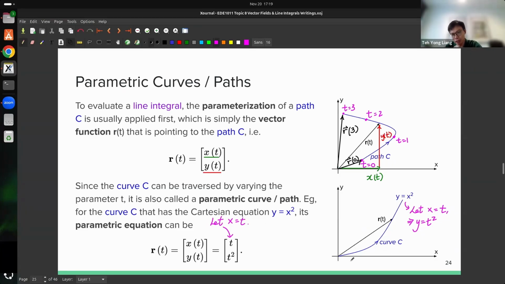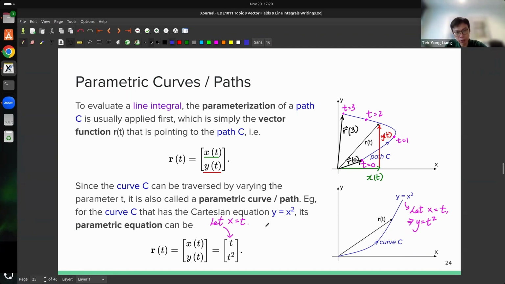As t increases, x will increase linearly also. But if you let x be t squared, then as t increases, x is going to increase quadratically. But actually it doesn't matter. In the integration, it will all work out to be correct.